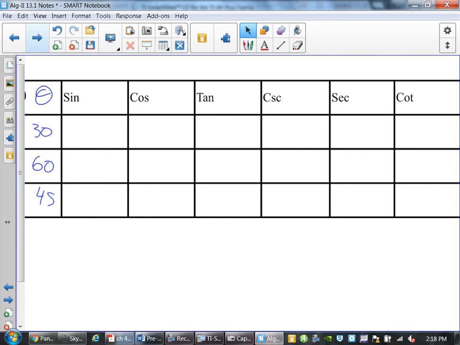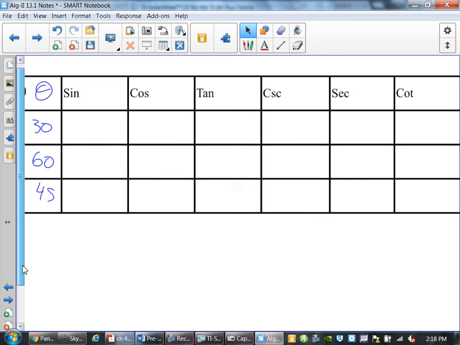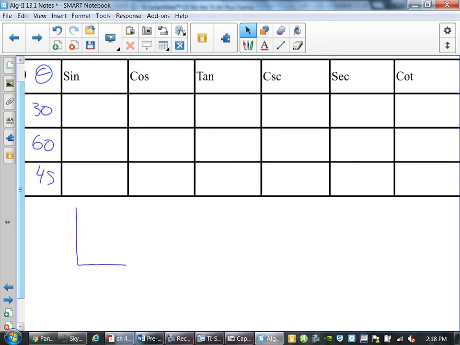Now, look at when I draw a 30-degree in, it creates a right triangle if I go horizontal and vertical. Are we okay with that? So this would be my opposite, the vertical. This is my adjacent, the horizontal. What's the sine of 30 degrees via your special right triangle? Well, in a special right triangle, opposite the 30-degree is a 1.